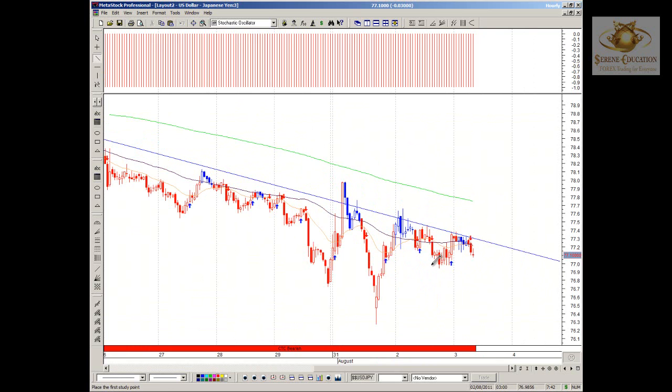So intraday, if we see a break at least below this level here, the prior support, we could see price continue, and you could look at the bottom ends of these wicks over here at the 76.25 mark as a possible target intraday.